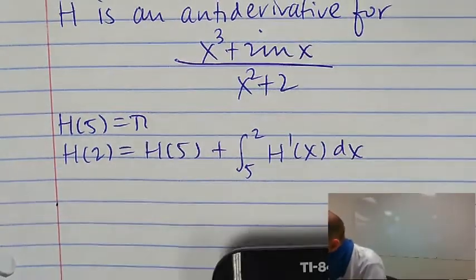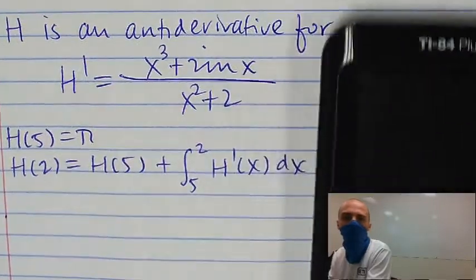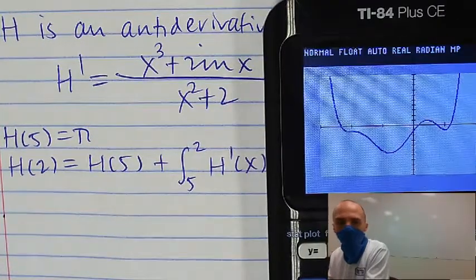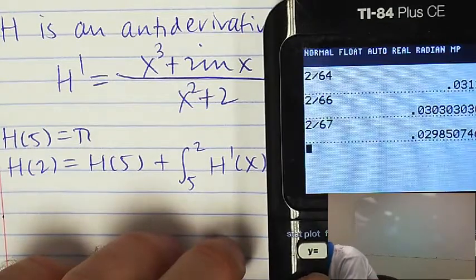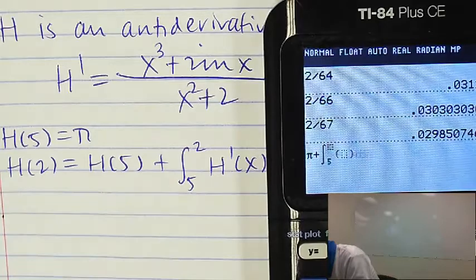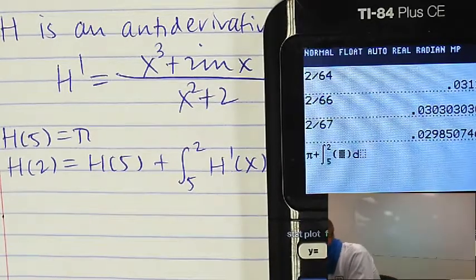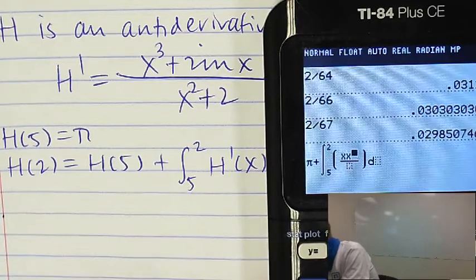to my calculator. So pi plus the integral from 5 to 2 of, use the fraction bar.